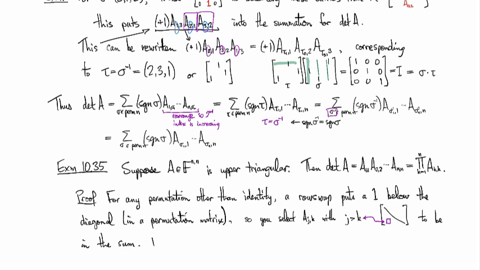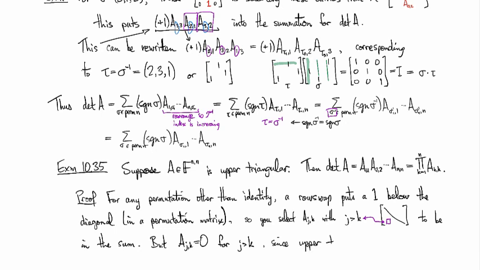But then this is 0 down in this region because we've got an upper triangular matrix. So then that means that term vanishes from the sum.